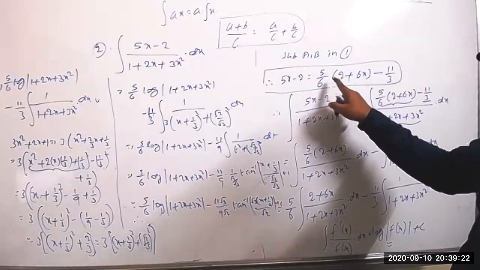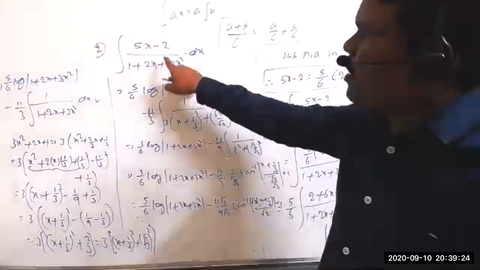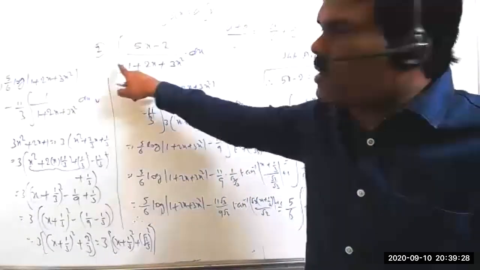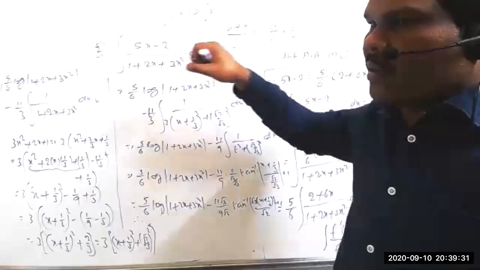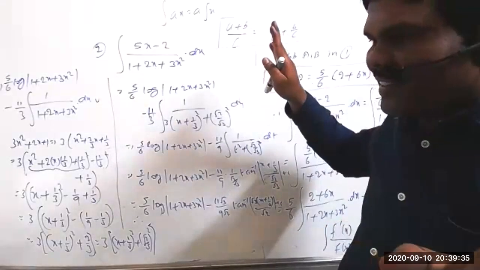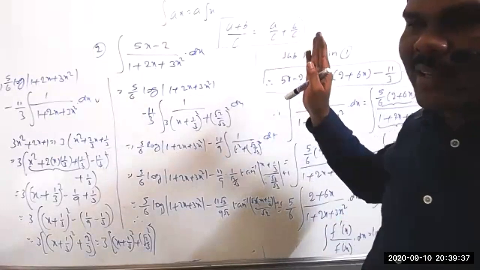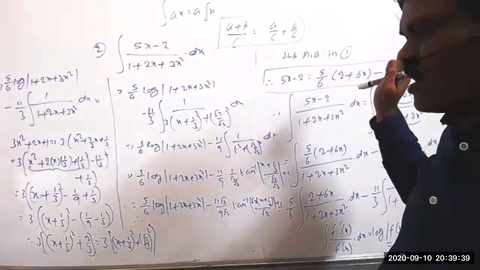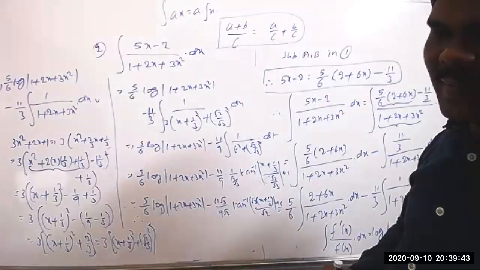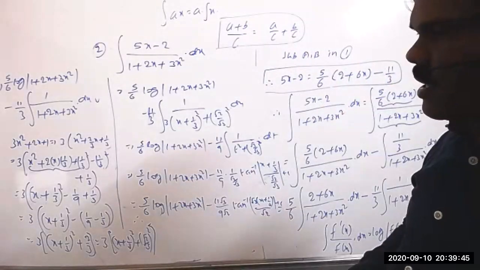Yes, sir. In this question we require the integration of this one. Can you explain once again tomorrow, sir? Yes, I will teach you until you get the perfection. If all the students tell me they got it, then we go to the next concept. We are not leaving.